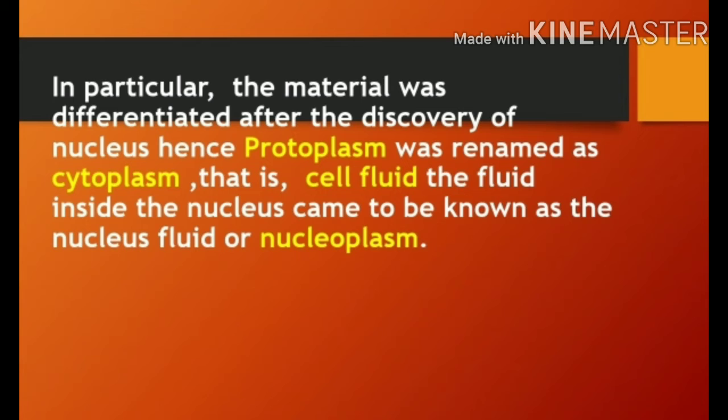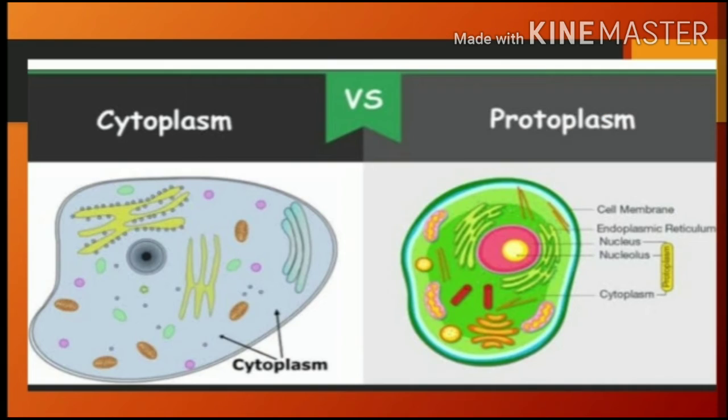The fluid inside the nucleus came to be known as the nucleus fluid, or we can call it nucleoplasm. Here in this next slide, you can see the diagrams differentiating cytoplasm and protoplasm.